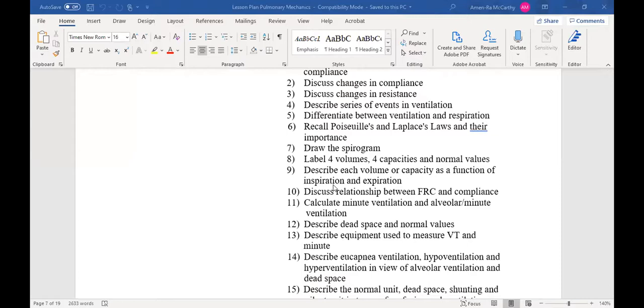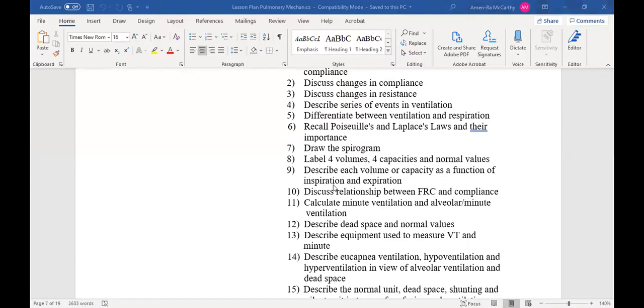If you have a low compliance, you'll have a low FRC. When I say directly related, that means if one goes one way, the other goes the same way. When I say inversely related, that means they're opposite. But FRC and compliance are directly related.